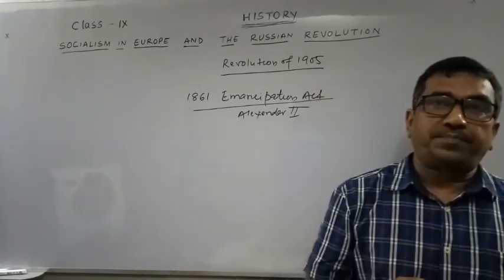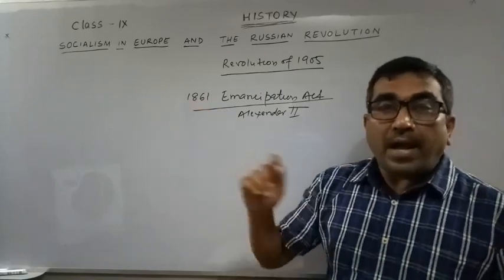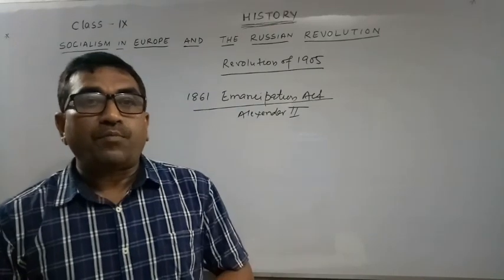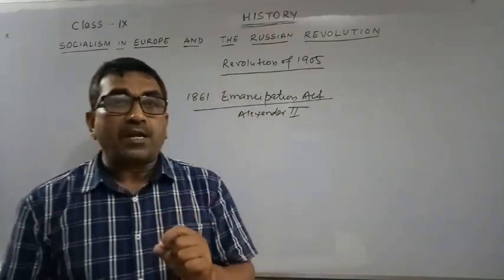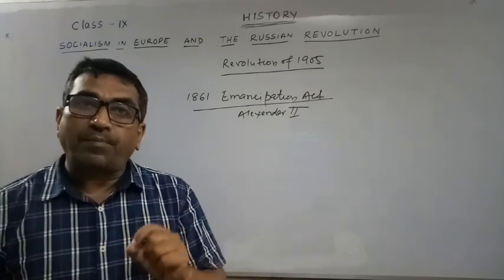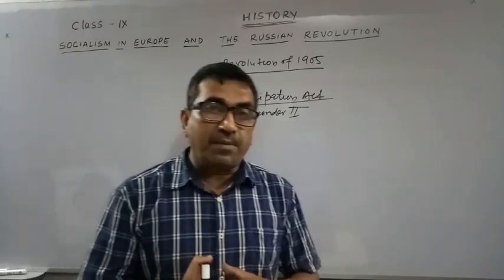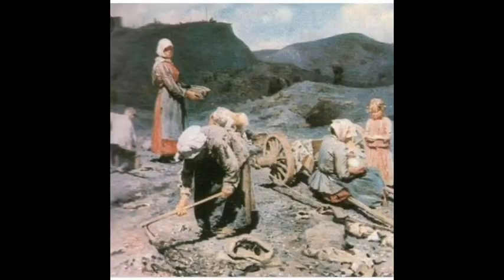It is important because this law freed the serfs. Serf means we can say the agricultural bonded labor in the feudal system of Russia. Serfs were the bonded agricultural labor whose conditions were very miserable in Russia.